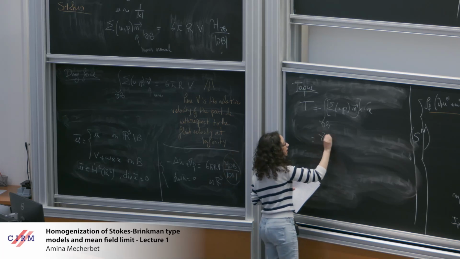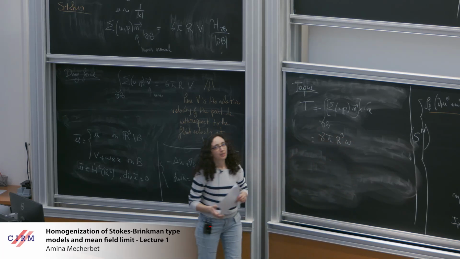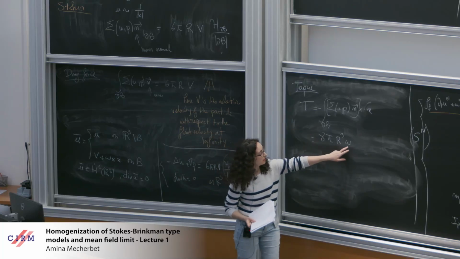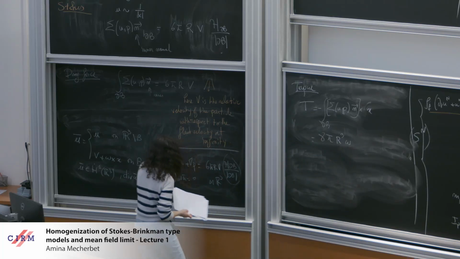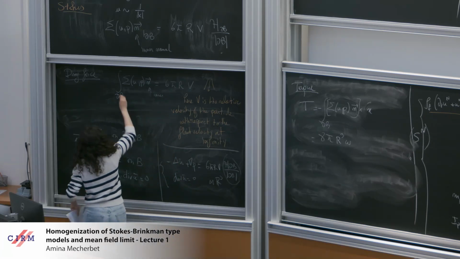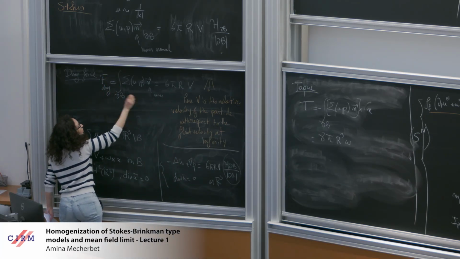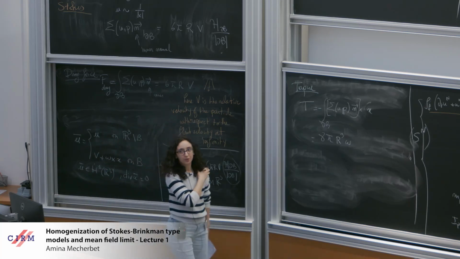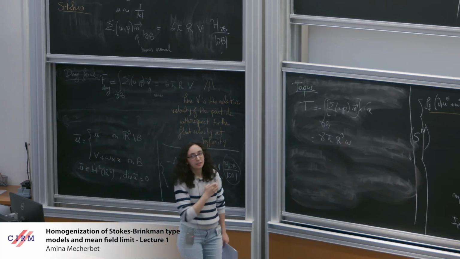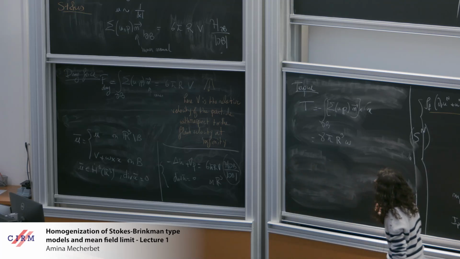There is a formula which tells you that the torque applied by the fluid on the particle is given in terms of the angular velocity, just as the drag force is proportional to the linear velocity of the particle. Actually the drag force and the torque.